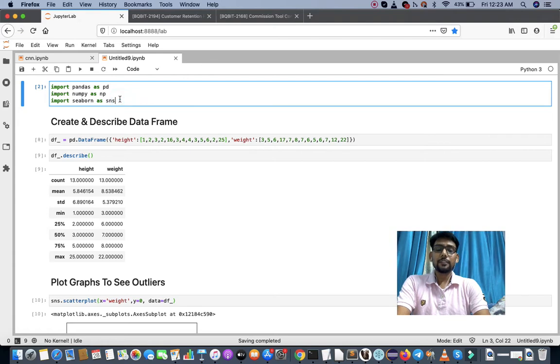And pandas has a fantastic tool called the data frame. Using pandas read_csv, read_excel, or read_sql methods, we have different ways to read data from different sources and load it into the data frame.